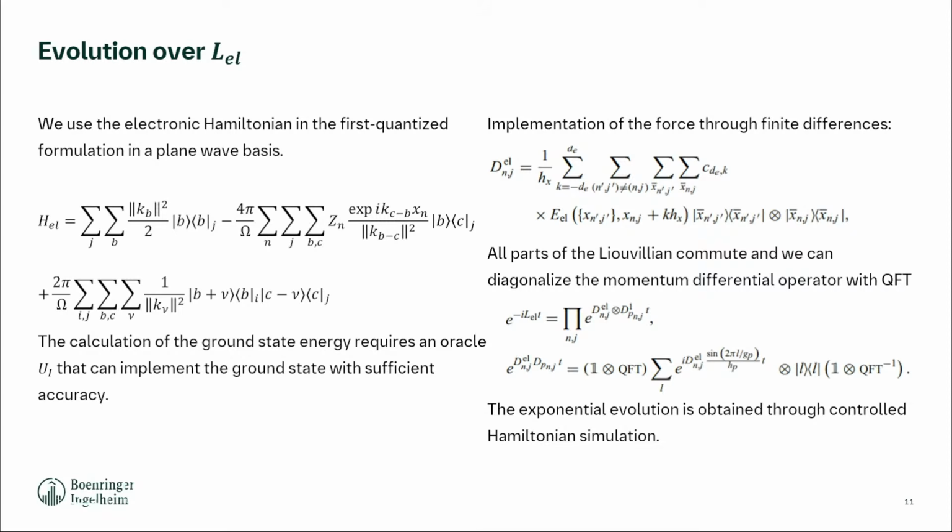For each of the nuclear positions, though, you need an oracle that provides you a good initial guess for the electrons. This is sort of a problematic statement, because if you put a square box around your nuclei in the phase space, it might be that some parts of this square box have a really exotic electronic structure because you're so far away from equilibrium.